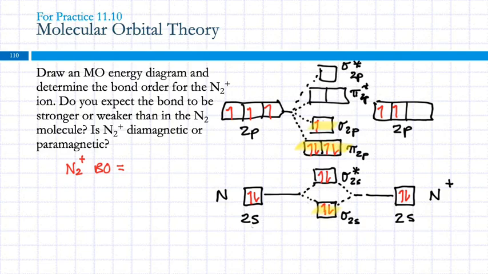So you count the arrows in there. 1, 2, 3, 4, 5, 6, 7. 7 electrons in bonding orbitals. How many in antibonding orbitals? 2. This one is antibonding. So 7 minus 2 over 2 is 5 halves, or 2.5.